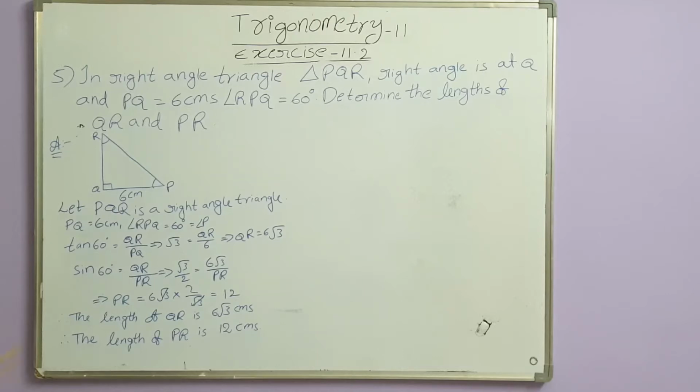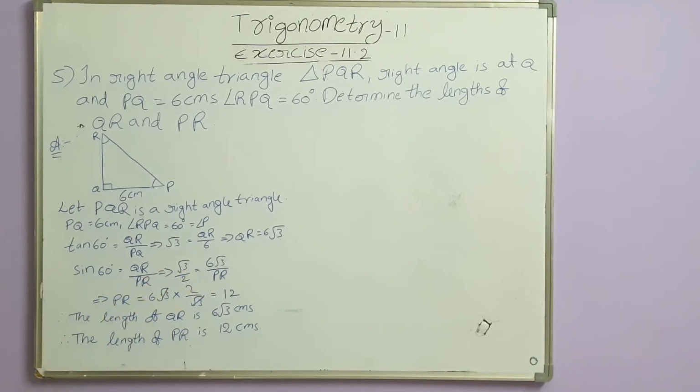Next, we want this side PR. So sin 60 degrees. Sin P is the side opposite angle P by the hypotenuse, so sin 60 degrees is equal to QR by PR. QR is 6 root 3, and sin 60 degrees is root 3 by 2, so root 3 by 2 equals 6 root 3 by PR.